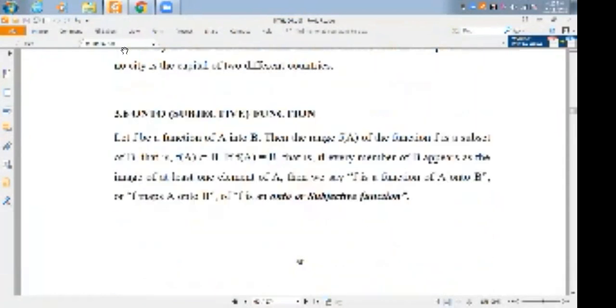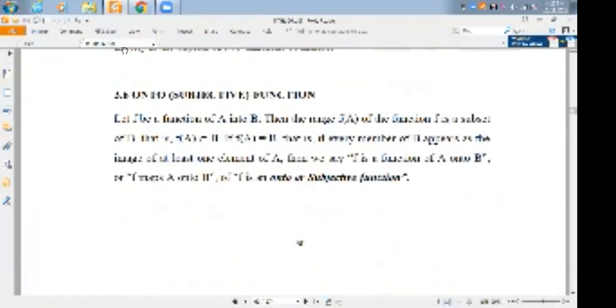Another type of mapping is what we call onto mapping or onto function, which we can also refer to as surjective mapping. So onto mapping is also called surjective mapping. It's either you call it mapping or you call it function. Now I've explained the difference between mapping and function. So now you understand what a function is.